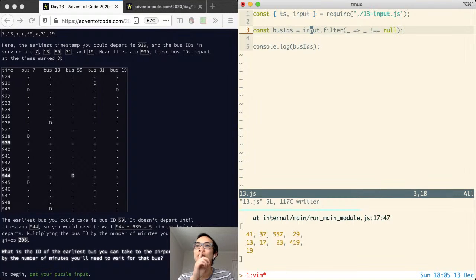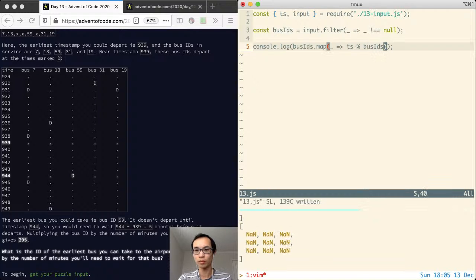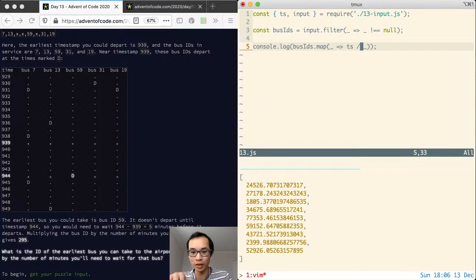I want to find the greatest, well, isn't that quite straightforward? We can just take timestamp divided by this number, or timestamp mod this number. Oh, I don't want to mod this number, I want to do the other one. I'll just do divide. So the one that I can take is going to be the one that's closest, right?